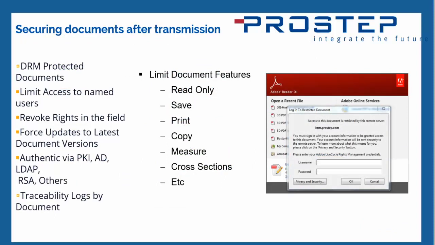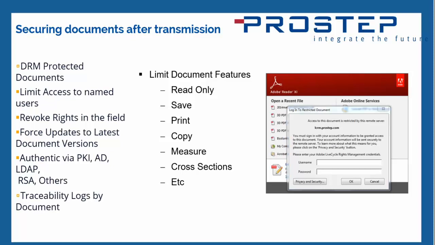There are ways to protect your data once it leaves your organization via email, as an example, right? So you can limit who can see what, who can save, who can print, who can copy. If you want to get to that level of security, you have that ability to extend that security outside of your organization.